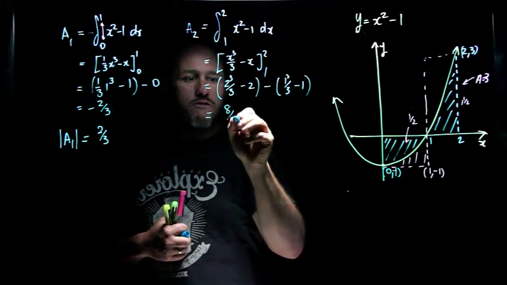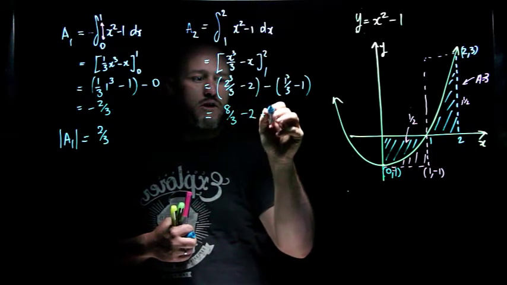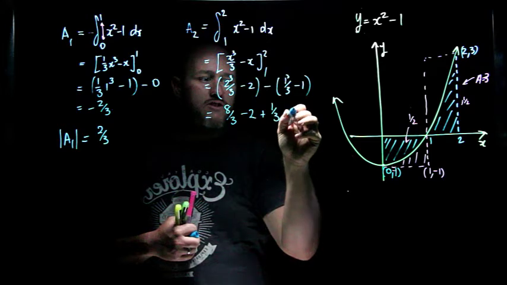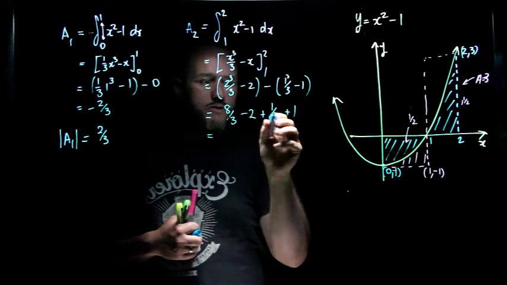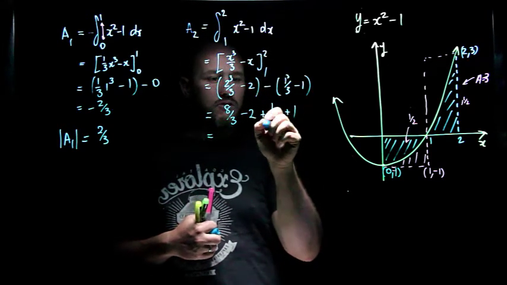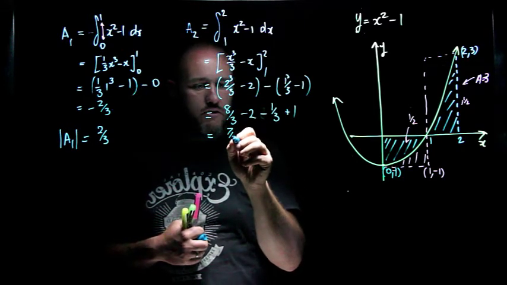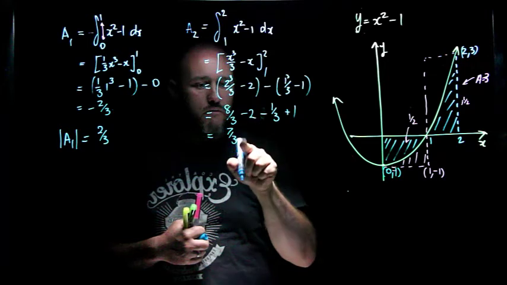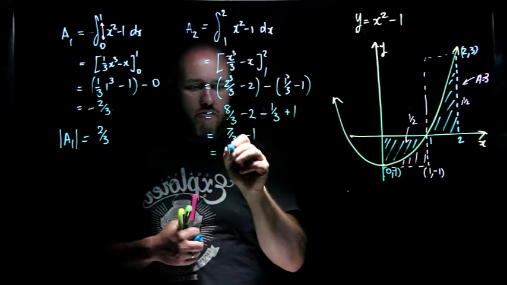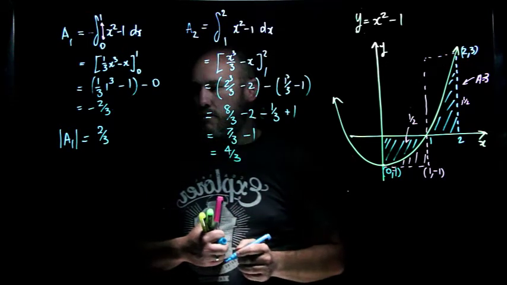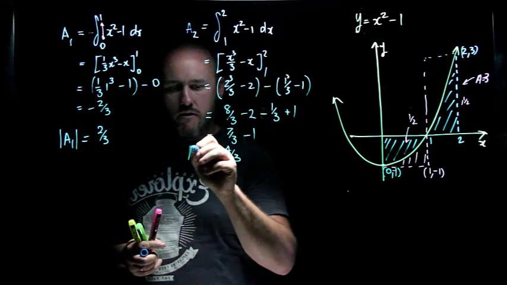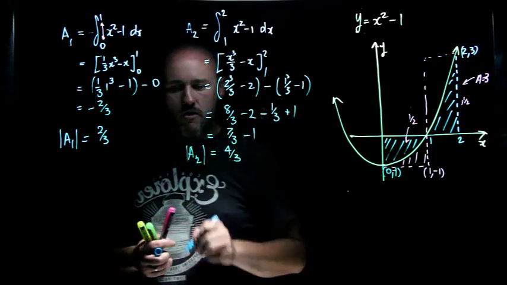That's 8 thirds minus 2 plus 1 third plus 1. Oh, sorry, that shouldn't be plus, that should be minus 1 third. 8 thirds minus 1 third is 7 thirds plus minus 1, and that comes out as 4 thirds. So I've got an area 2 of 4 thirds, and because it's already positive, I've got that.